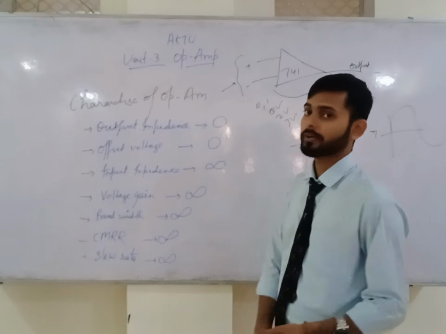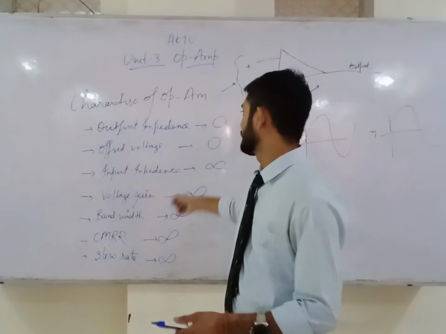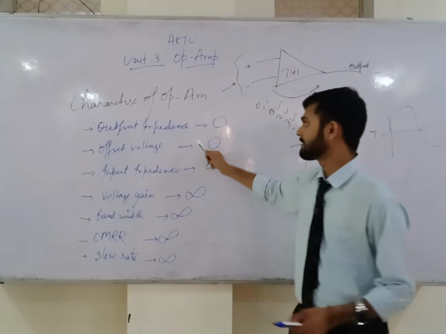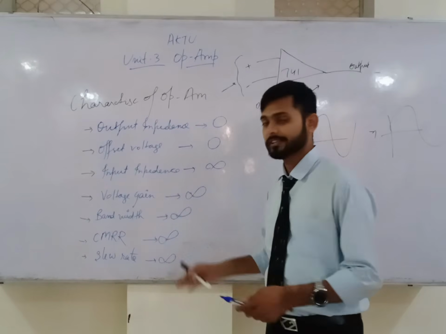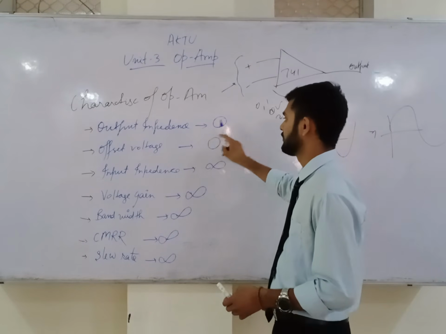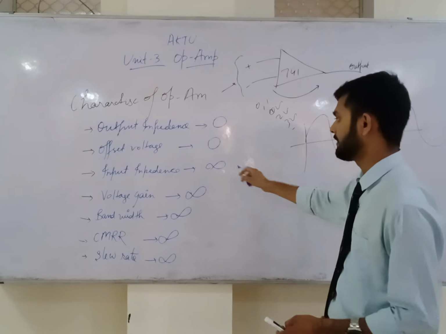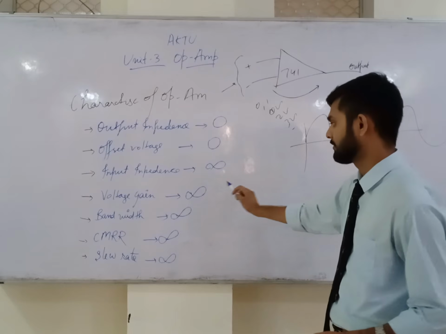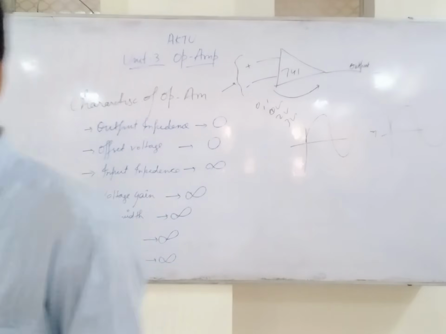This is the most important part of electronics because in the GATE exam there is always a chance of questions, and we can check the PYQ. So output impedance is 0, offset voltage is 0, input impedance is infinite, voltage gain is infinite, bandwidth is infinite, CMR is infinite, slew rate is infinite. This is the basic characteristics of op-amp.